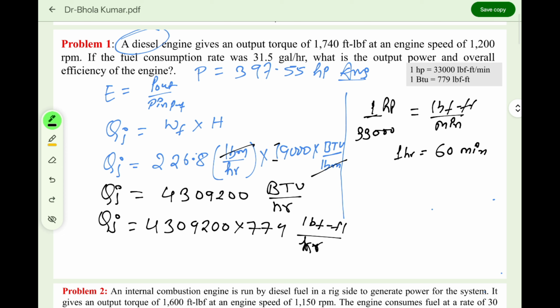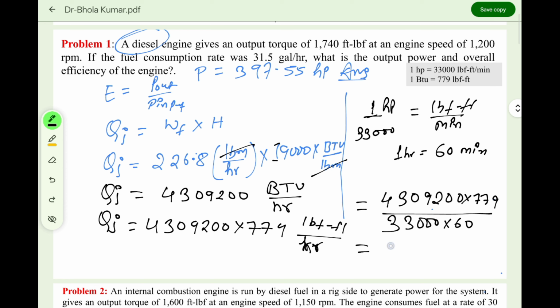So 4309200 multiplied with 779, divided by 33000 multiplied by 60 converts into hp. It's an enormous calculation.